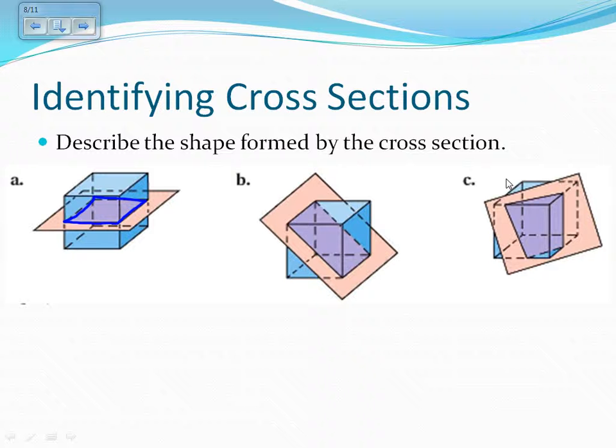You're just cutting it right in half. The shape here, if you cut out the diagonal, it's going to form a rectangle. And the shape here, when you cut off the edge of it, is going to form this trapezoid looking figure. Really not that important, we're not going to do much with it in our class, but you should be able to recognize it. For calculus, you use it a lot, and it gets harder, but just as an intro to know what a cross section is.